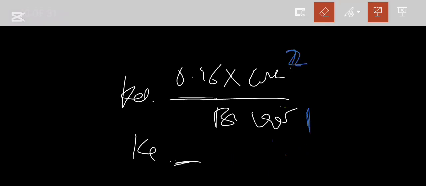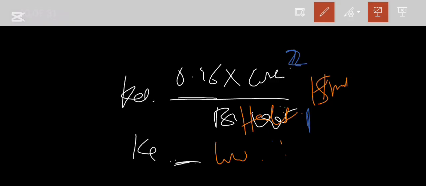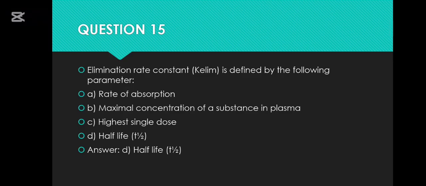This means that if the half-life of a drug is long, the elimination constant is going to be low. If the half-life of that particular drug is small, then we are more likely to have a high one. You understand? So that's basically what it means. The correct answer there is half-life.